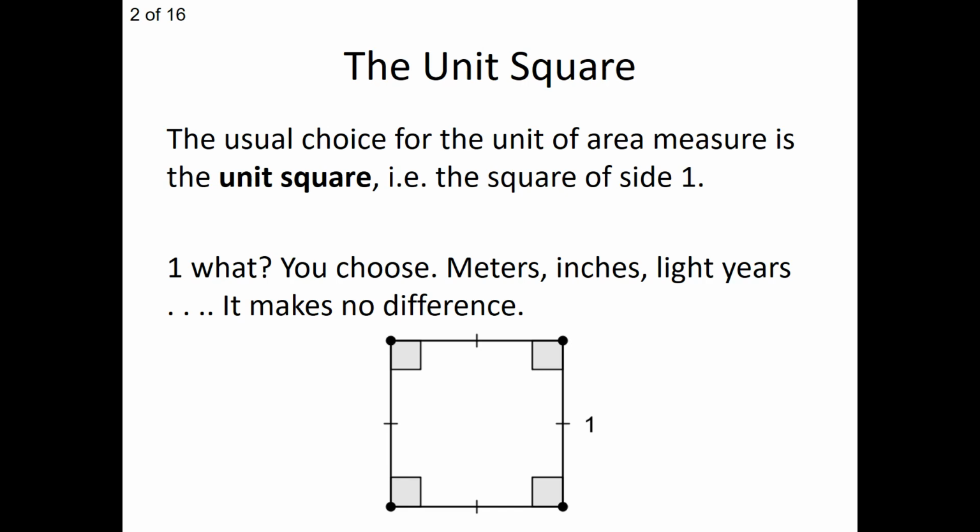It's simply a square with a side length of 1. Now, 1 what? Typically, we assign a unit of measure that applies to that value of 1. But really, the units of that 1 are arbitrary. It could be any sort of unit: meters, inches, light years, parsecs, you name it.